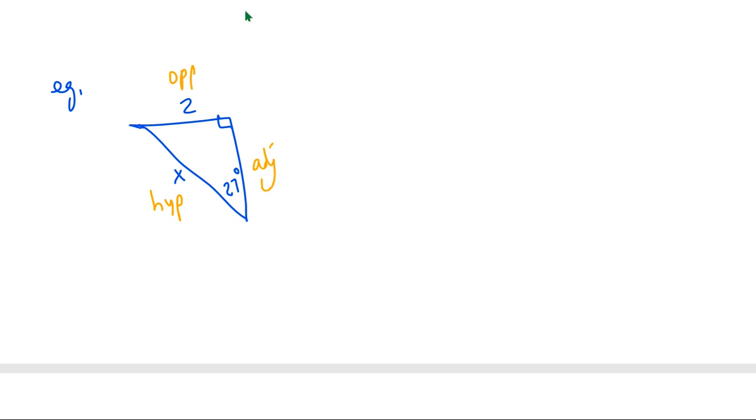All right, we write SOHCAHTOA, and we look at what do we have. I have hypotenuse, it's part of the question. I have the angle, and I have the opposite. I don't have adjacent. So adjacent is not going to be involved. So I want the part of SOHCAHTOA that uses opposite and hypotenuse.